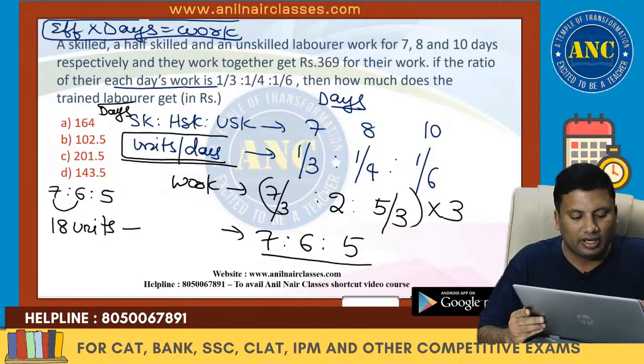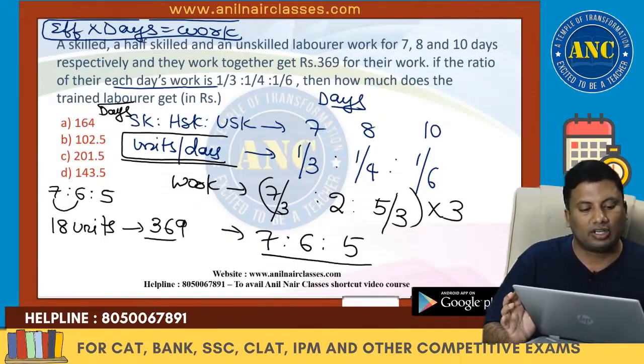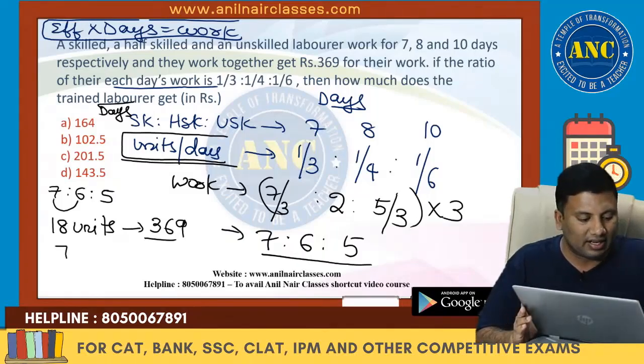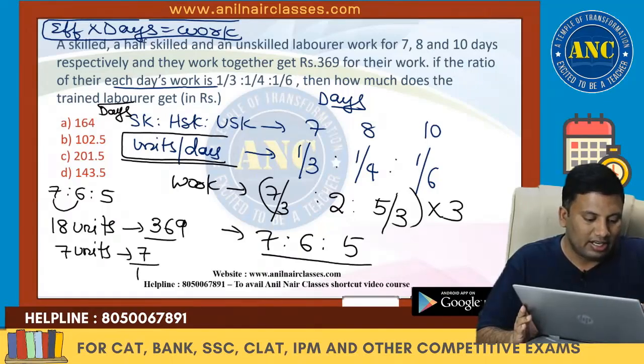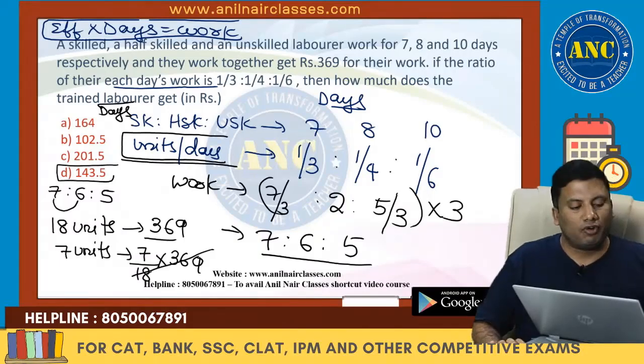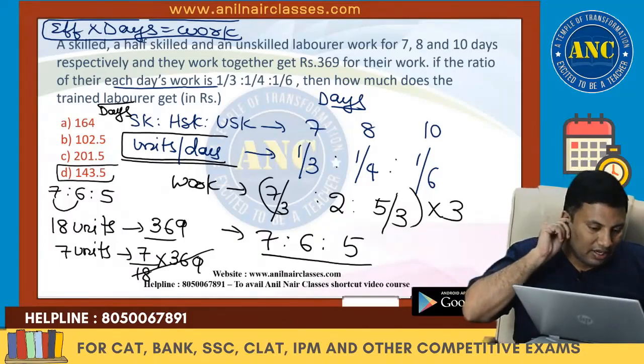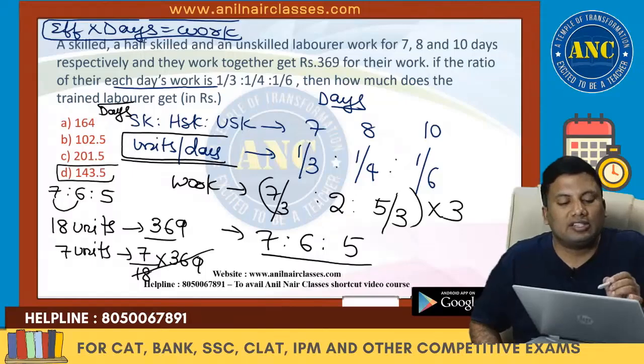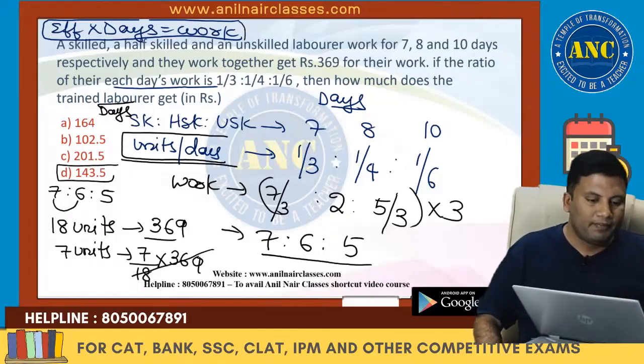How much is the share? 369 is the total money. Trained laborer, so it is 7 units. How much is it? 7/18 into 369, 18 20s are 360, answer is just greater than 140, 143.5. What is the concept that I am using here?